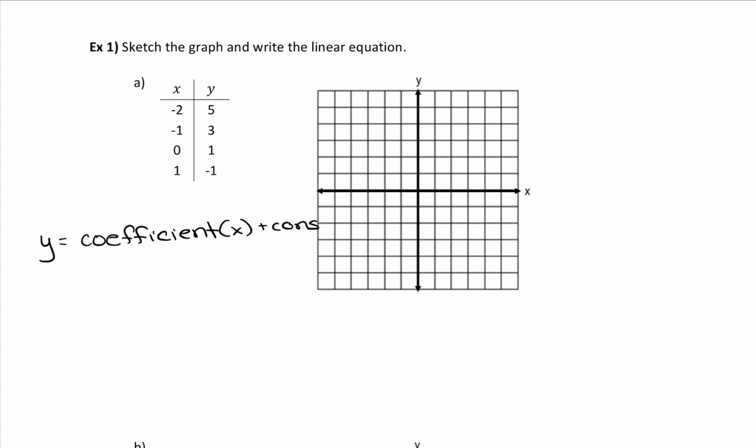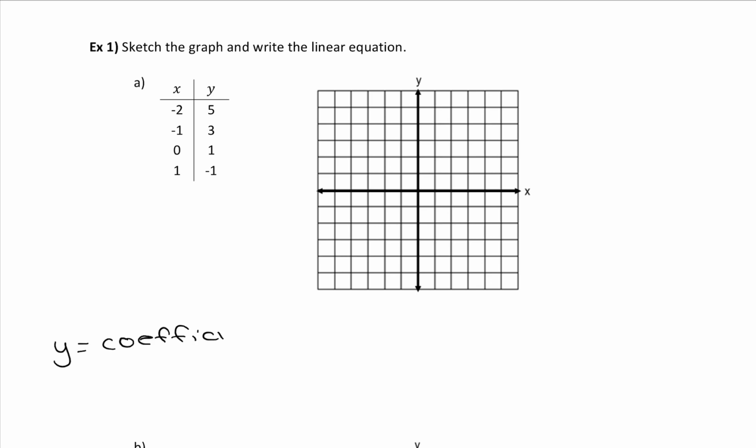I'm going to actually write that underneath because I don't have quite enough space there. All I'm doing is copying the formula from the previous page.